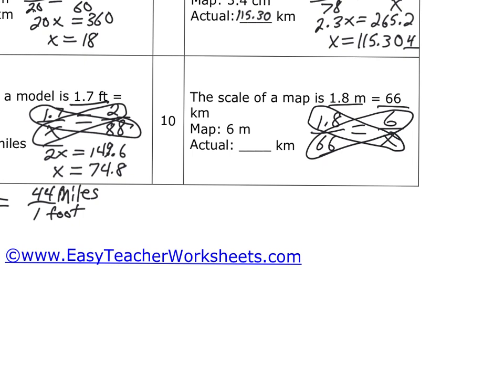Scale over actual, you get 1.8 X is equal to 66 times 6, which is 396. And divide that answer by 1.8. X is equal to 220. Okay, and that's all there is to it. Now you need to repeat the same thing with your practice worksheet.